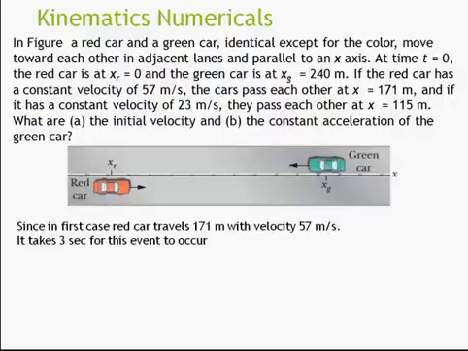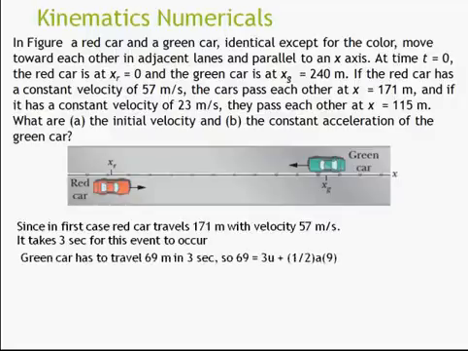Now, in 3 seconds, the distance to be travelled by the green car is 240 meters minus 171 meters, that is 69 meters. Now we use the equation S is equal to ut plus half at square. S in this case is 69 meters, u is unknown, the time is 3 seconds, so I write 69 equals 3u plus half a into t square, which is 9.